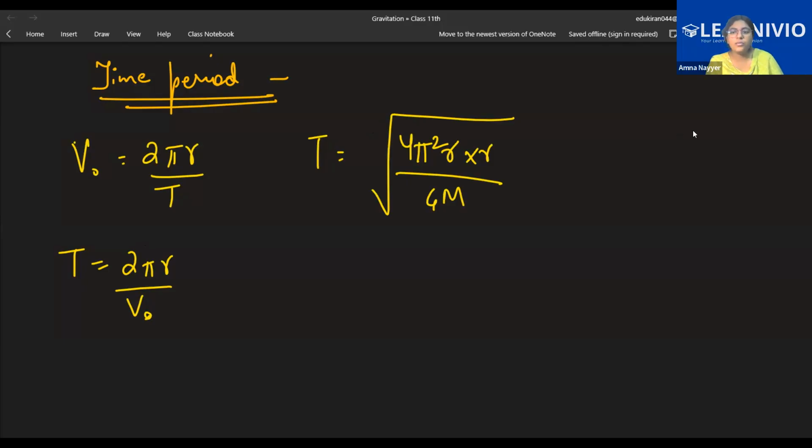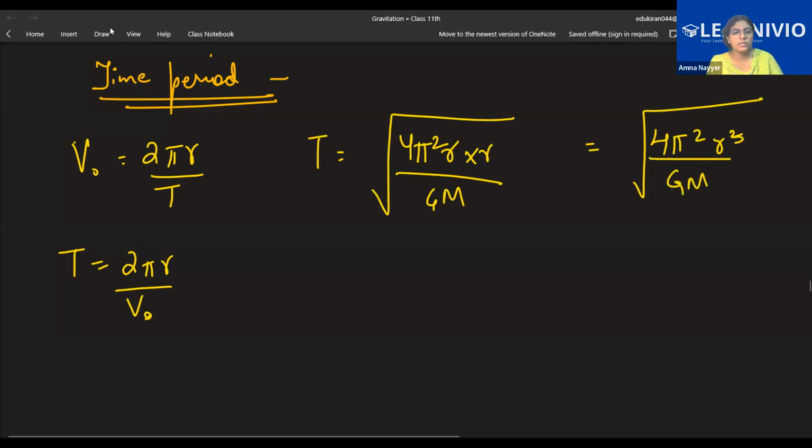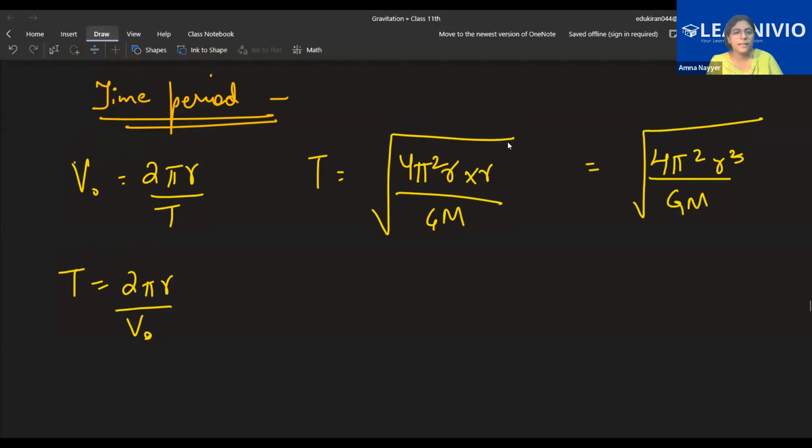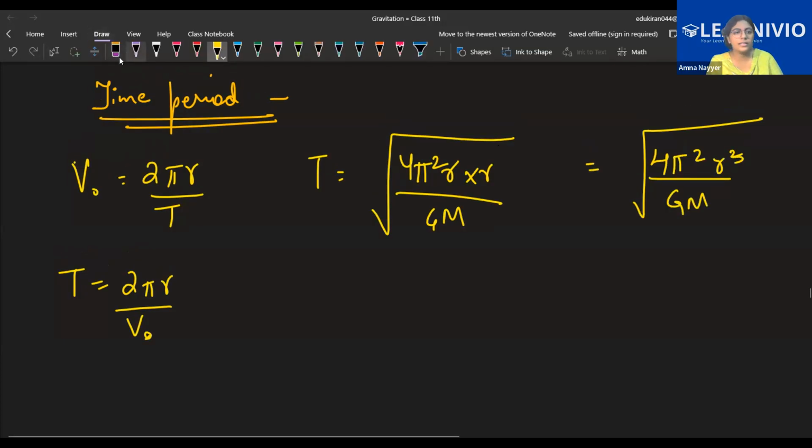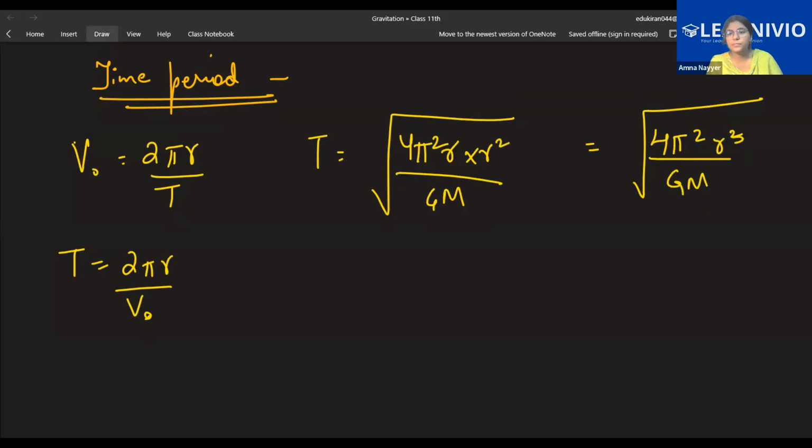So what is this equal to? This is equal to 4 pi square r cube divided by capital G capital M, under root. This is our square, so that's why this is our cube.